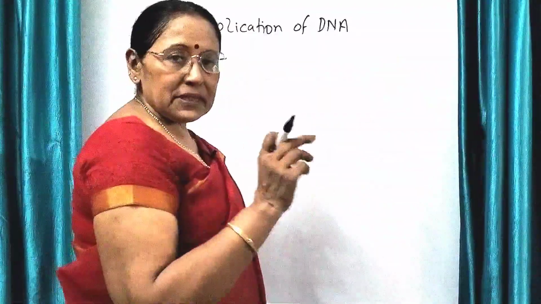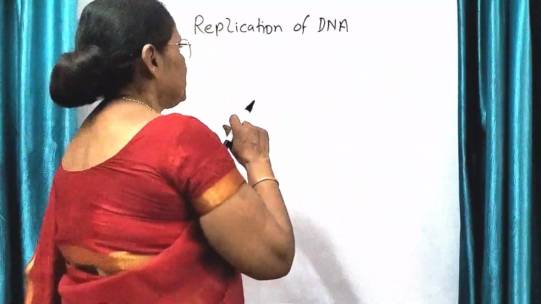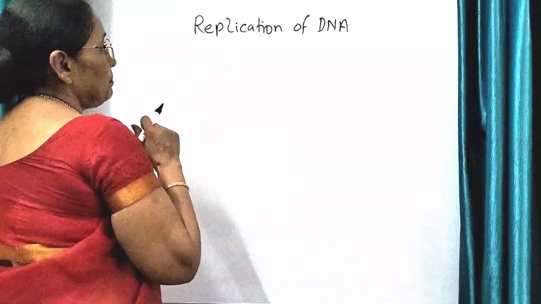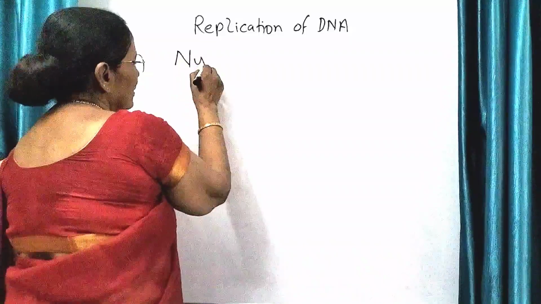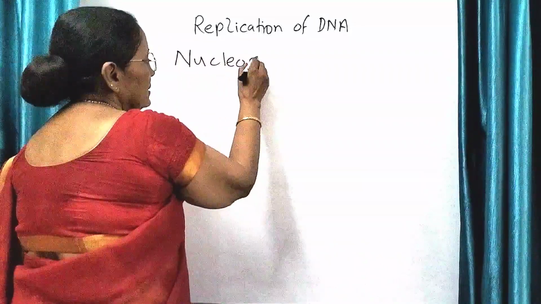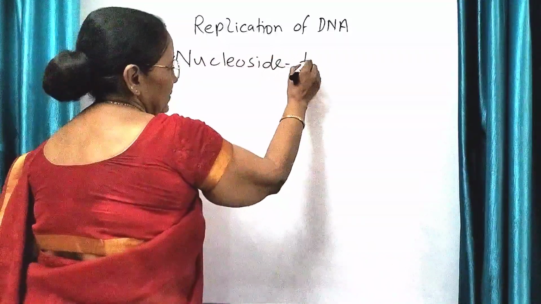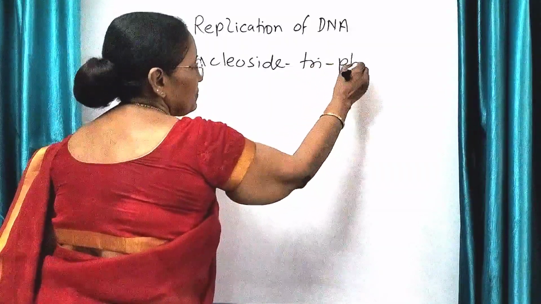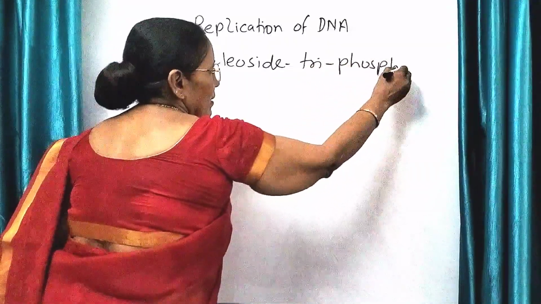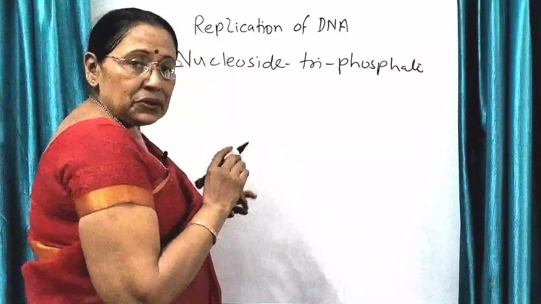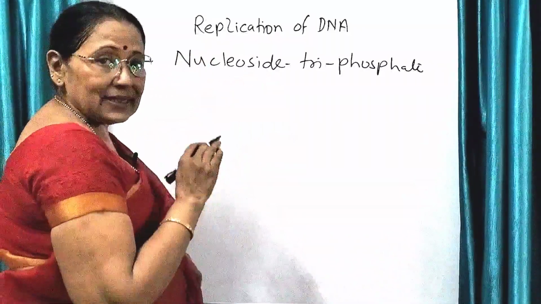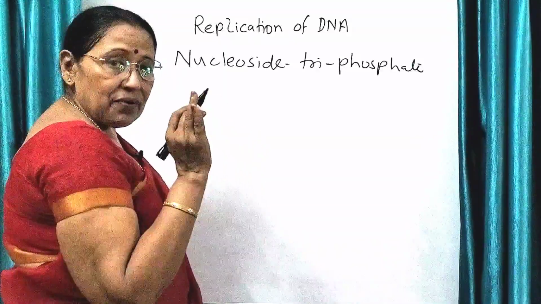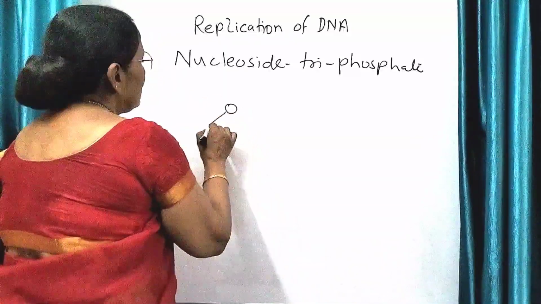Let us see the substrate for DNA replication. The substrate for DNA replication is nucleoside triphosphate. Let me first draw one nucleotide, and then we will see what a nucleoside triphosphate is and why it is named so.